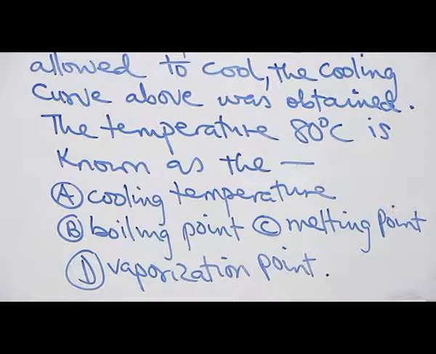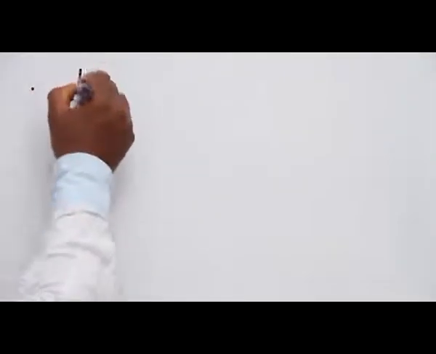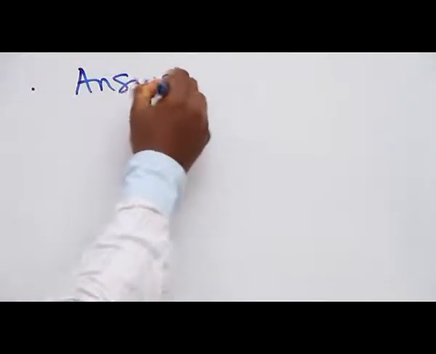To answer the question given as example 2 above, we have to refer back to what we know about change of state of matter. That temperature, 80 degrees Celsius, if you observe very well, the temperature remained constant for a reasonable length of time. Answer.